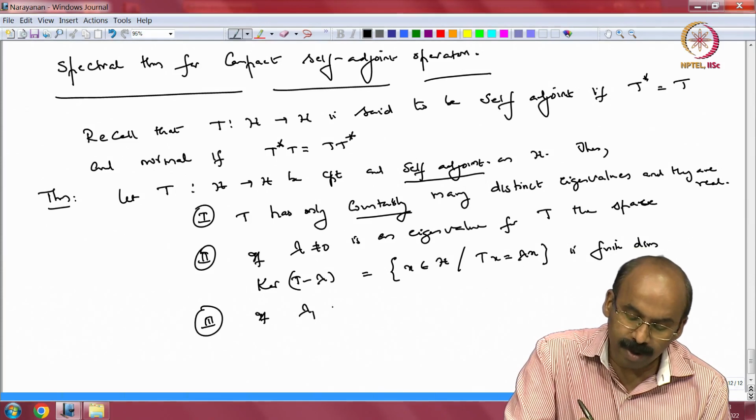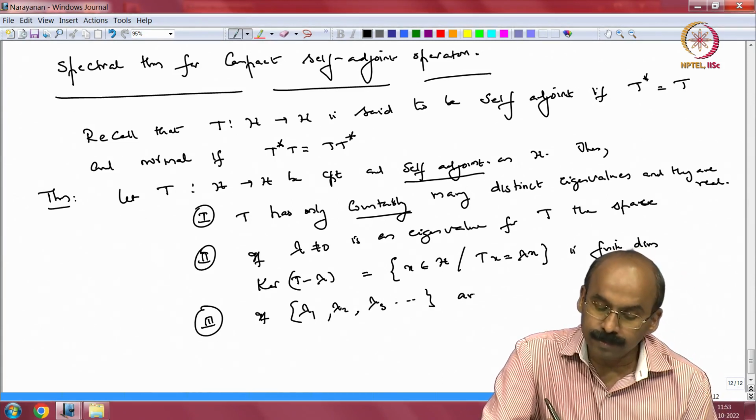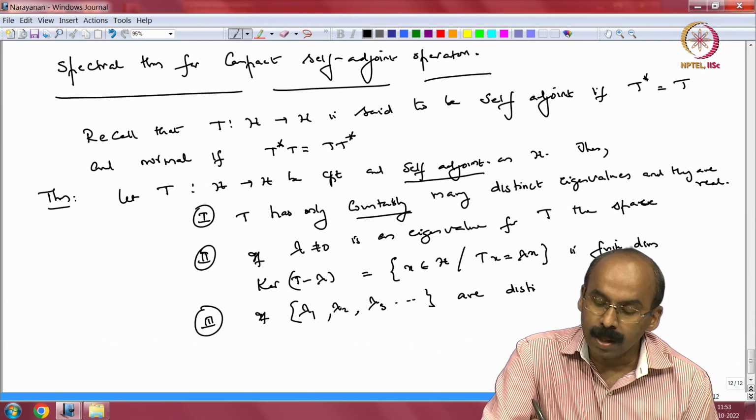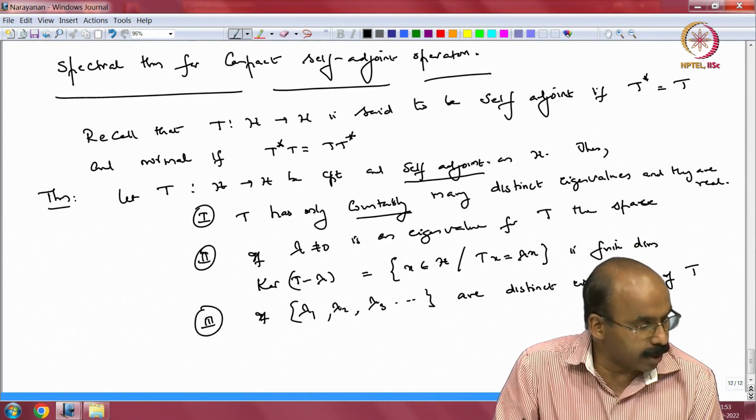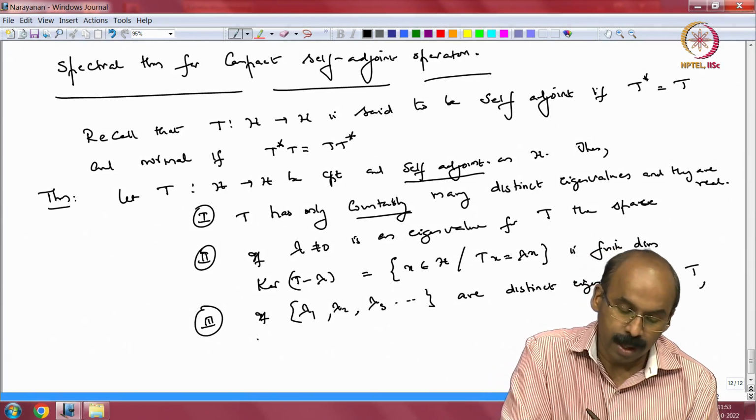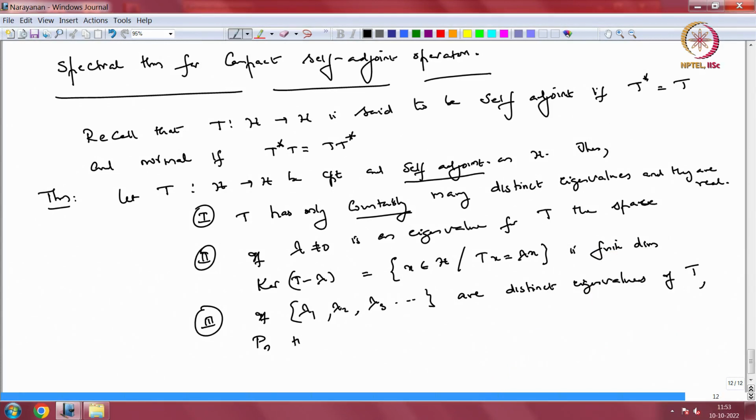Okay. So, if lambda 1, lambda 2, lambda 3 etc. are distinct eigenvalues of T, so there are only countably many, I can write them as lambda 1, lambda 2 and so on, and Pn the orthogonal projection onto kernel of T minus lambda n, that is the corresponding eigenspace.